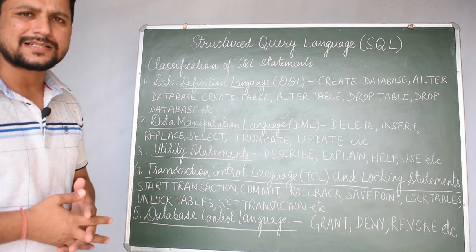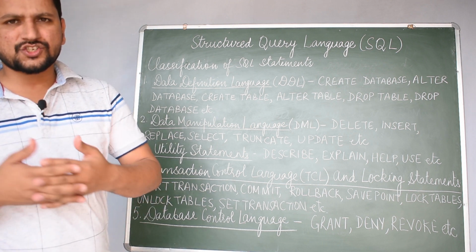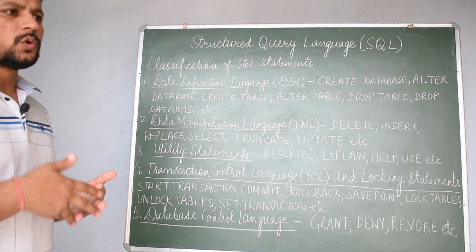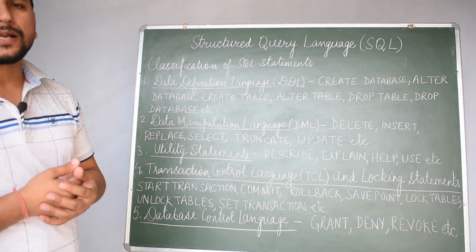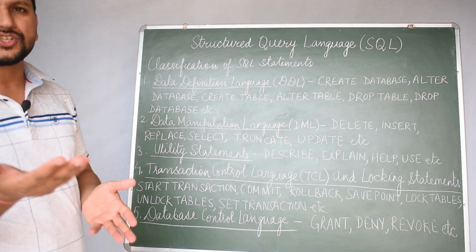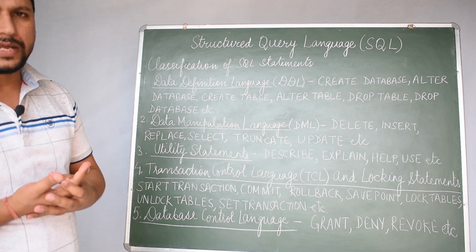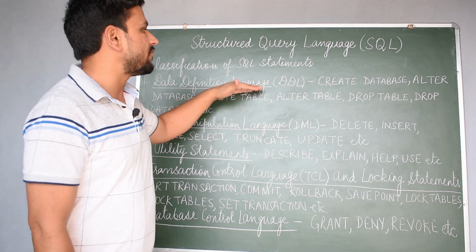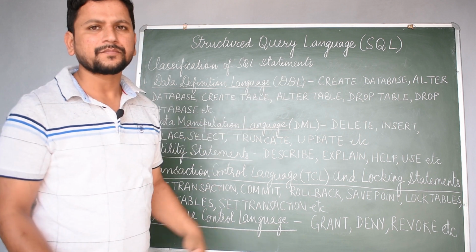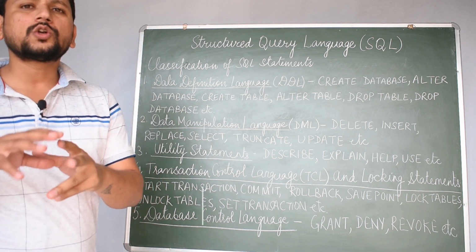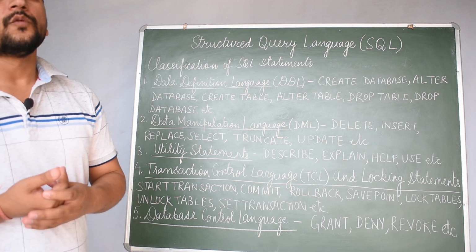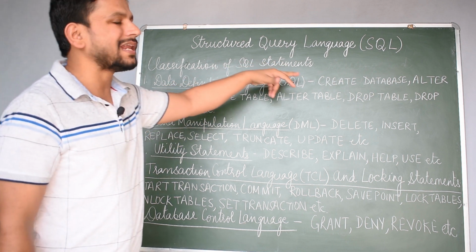Basically DDL commands are used to design the structure of a table or a database. If we want to design the structure of a table or database, or we want to change the structure of a table or a database, then we have to use data definition language.